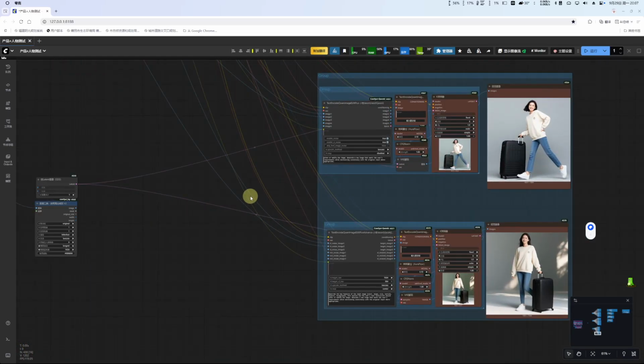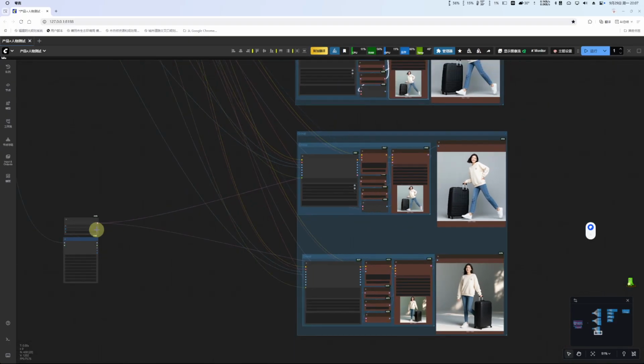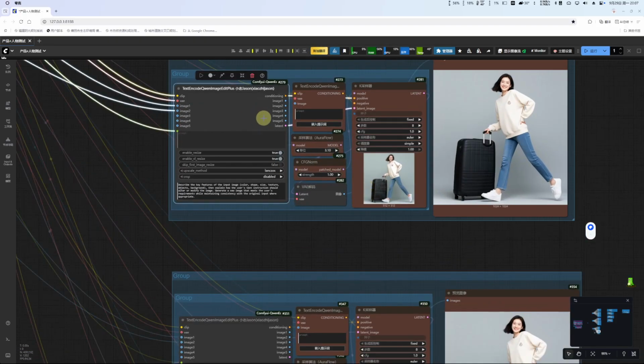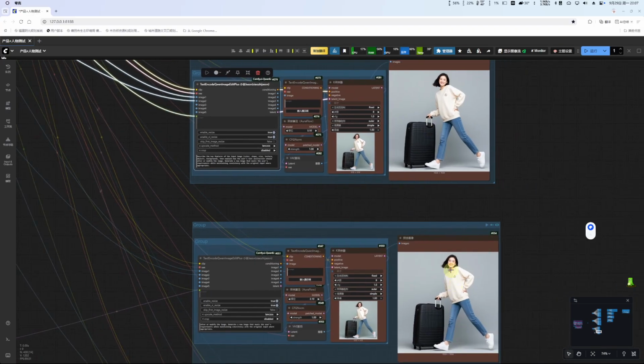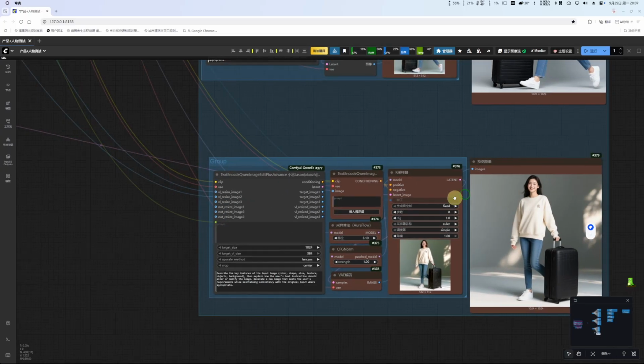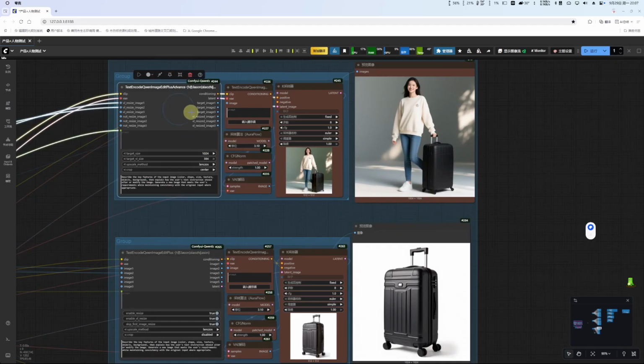Okay, let's take a look at this effect. First of all, this old node. We can see that when using this latent, it is the same as when directly connecting this node without using the latent. You can see that the effect is exactly the same. The effect of this new node is the same too. When the new node above is directly connected to this node, the effect is the same.